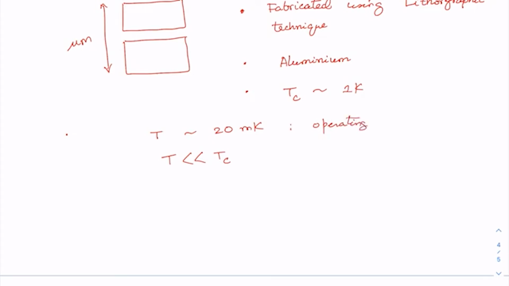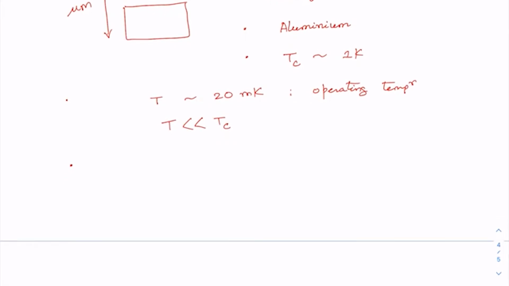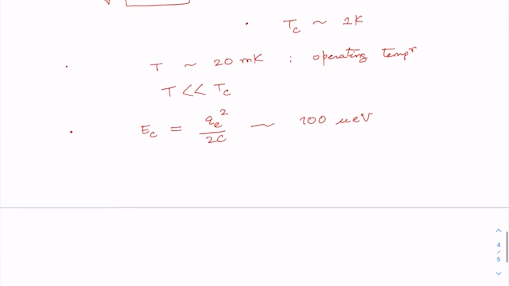Okay, and because at this temperature superconductivity is very good, the typical charging energy, you remember EC is equal to Q_E square by 2C, is typically in the range of 100 micro electron volt.